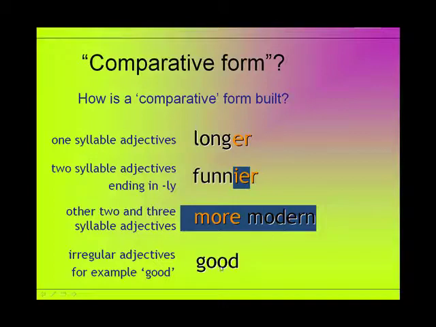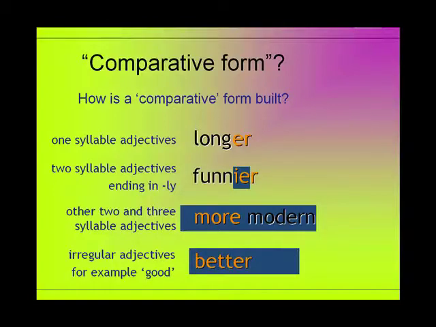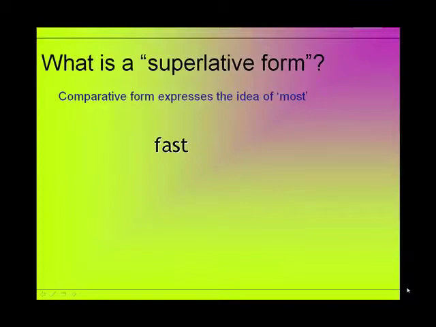And finally, if you have an adjective which is irregular, meaning there are some adjectives, not many, actually a short list, whose comparative is a totally new, different word, you need to learn this by heart. Good in its comparative is better, okay? You need to learn this by heart. You'll see later with some more examples, okay?